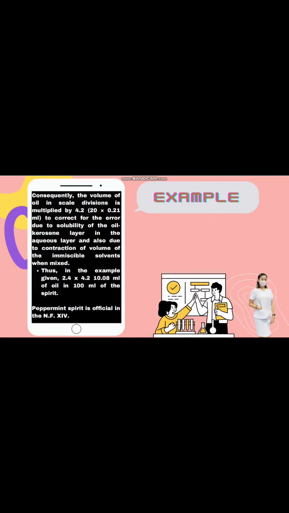Consequently, the volume of oil in scale divisions is multiplied by 4.2, 20 times 0.21 ml, to correct for the error due to solubility of the oil kerosene layer in the aqueous layer and also due to contraction of volume of the immiscible solvents when mixed. Thus, in the example given, 2.4 times 4.2 is equal to 10.08 ml of oil in 100 ml of the spirit.